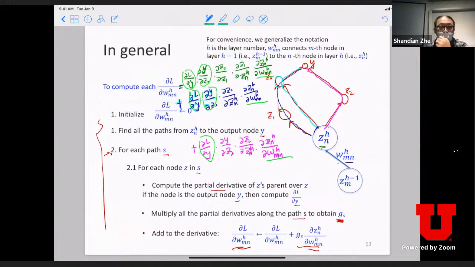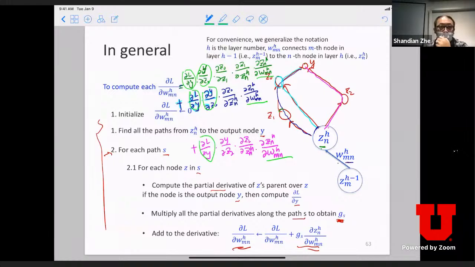And you can also imagine the whole procedure as you go further down, below and below. Every time, no matter at what level the edge weight is, you have to backtrack to the output neuron. You have to compute the partial derivatives along the path until you get down to the current level.